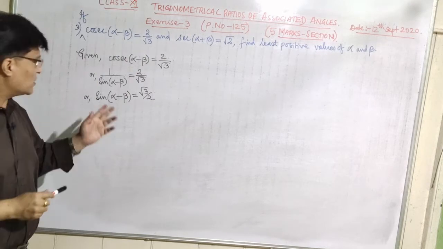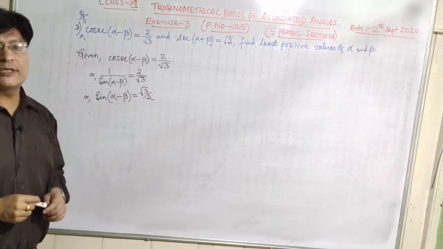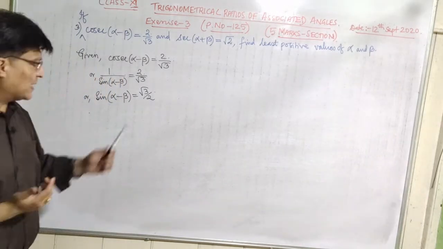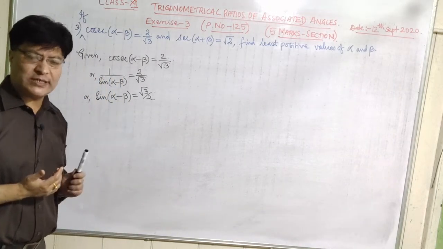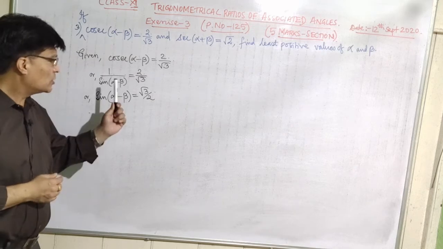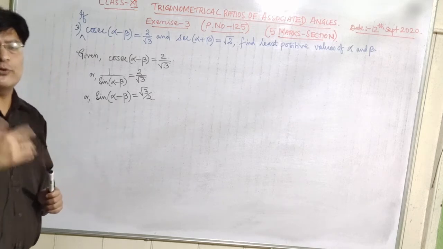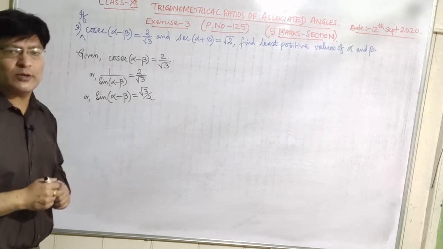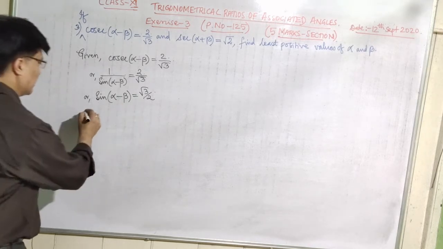So what is the value for sine of alpha minus beta? It is root 3 by 2. So sine is positive in this case. Sine of which angle is root 3 by 2 in the first quadrant? Sine of 60 degree.